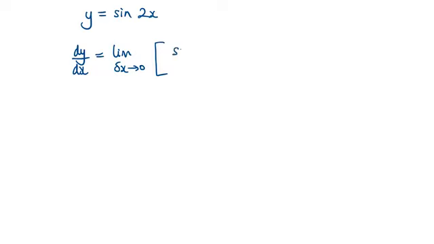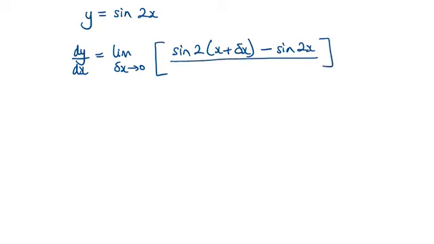So we've got sin 2, now wherever we see an x, we replace it with x plus delta x. We subtract the original function here, so sin 2x, and that's all over delta x. So we have the limit as delta x tends to 0 of.